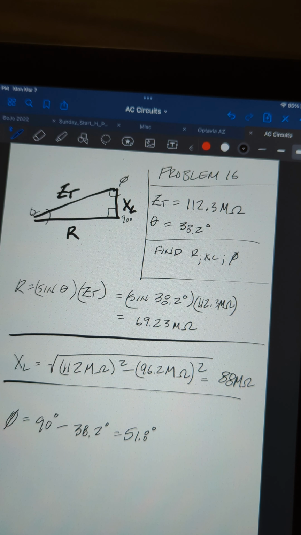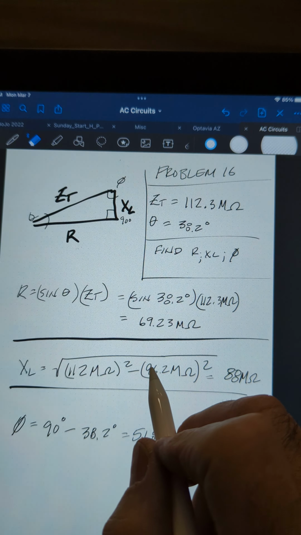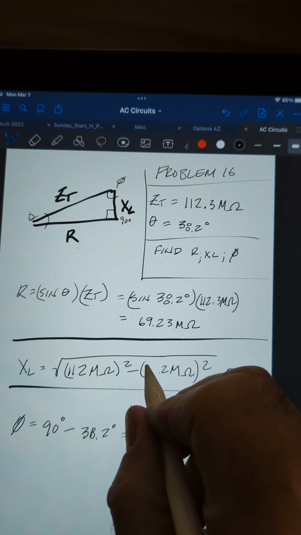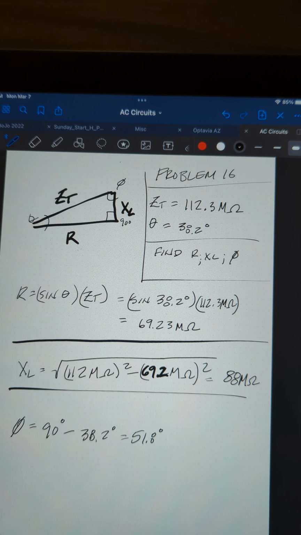That's problem number 16, so let me double check that. Yes, so I goofed this up here. I got my numbers reversed, so let me fix that. I think if I use 69.2 megohms, my numbers should come out right. And so the answer for X of L is going to be this number here.